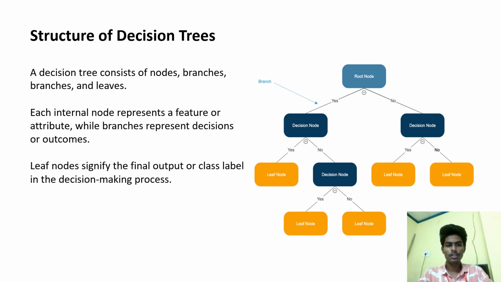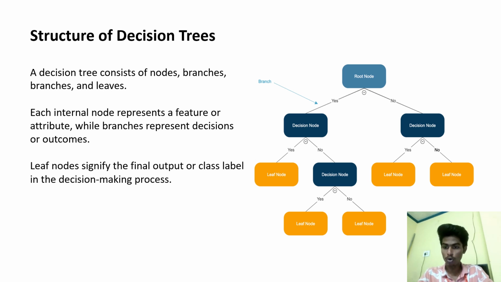Each internal node represents a feature or attribute, while branches represent decisions or outcomes. Here each internal node represents some feature, some decision or some condition, like first the decision of eating pizzas or not, or exercising daily or not. The branches represent the decisions.